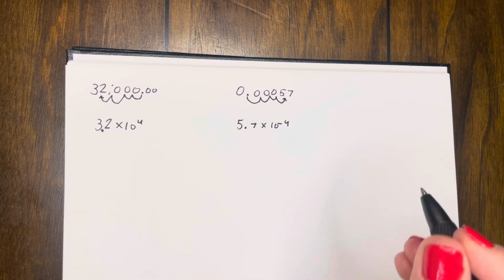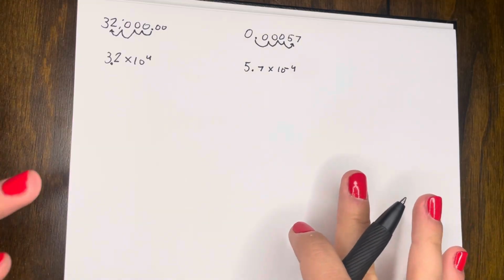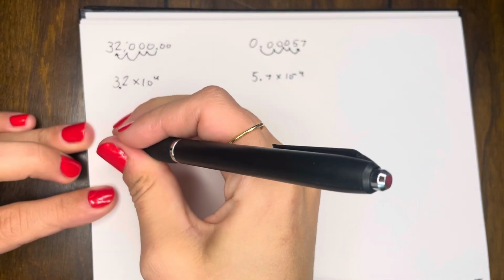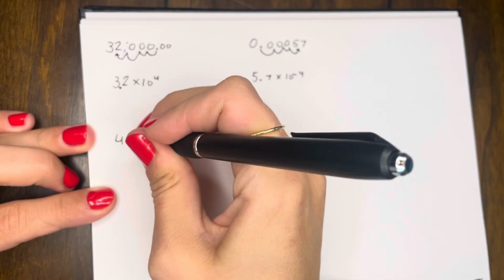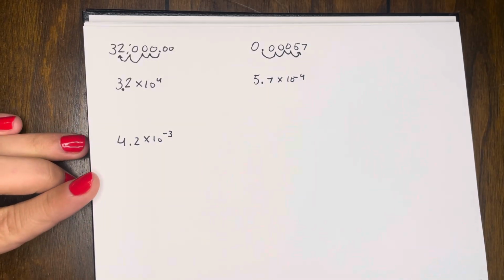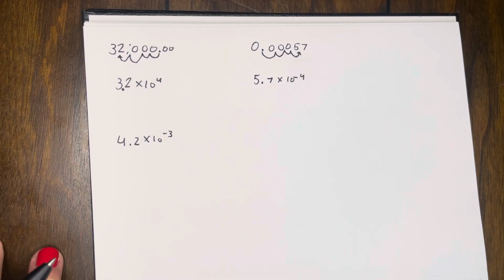And then one final practice problem that we could do together is we are going to take 4.2 times 10 to the negative third and try to put that in standard notation. So standard notation is going to be something with a really long decimal, with as many zeros as possible, or a very large value.